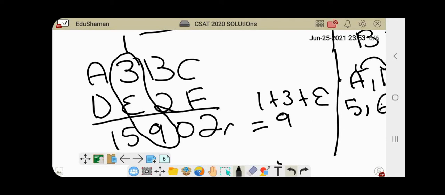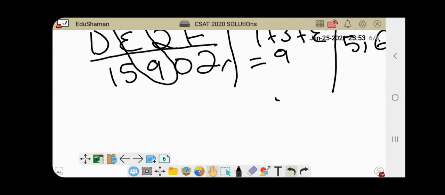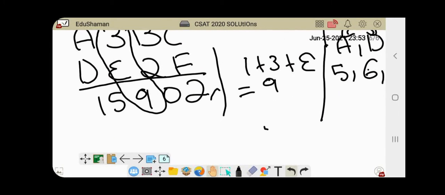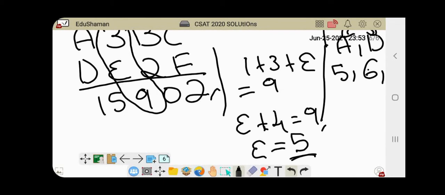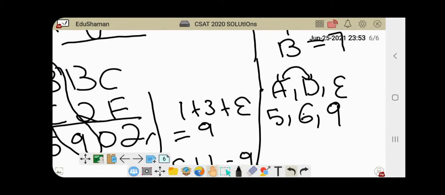That is, E plus 4 is equal to 9, which means E is equal to 5. So 5 is now already occupied, right? So you cut 5 out and E out.